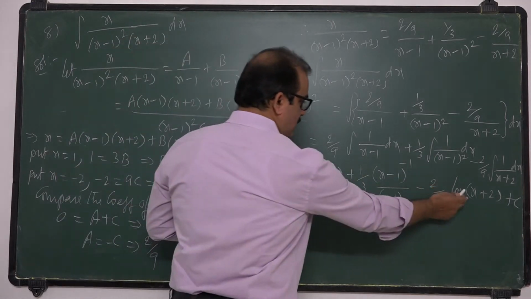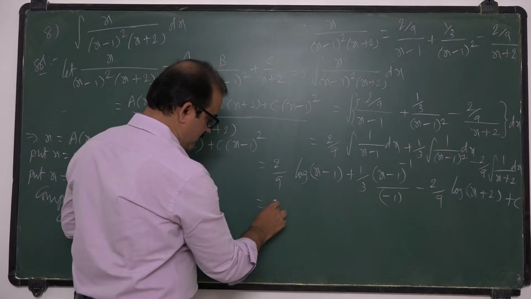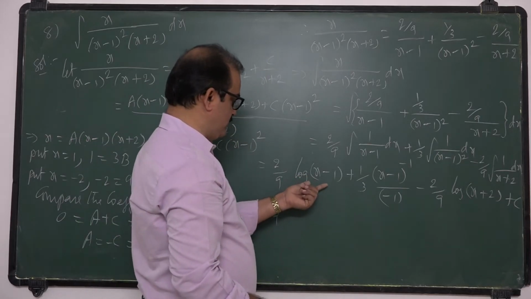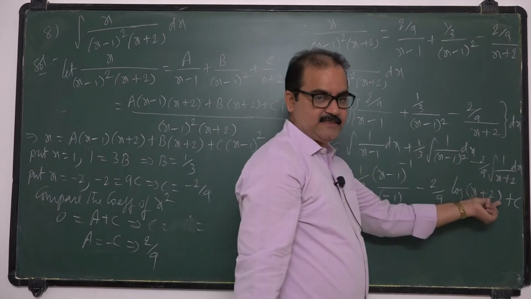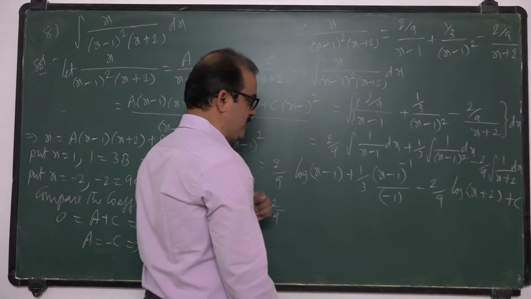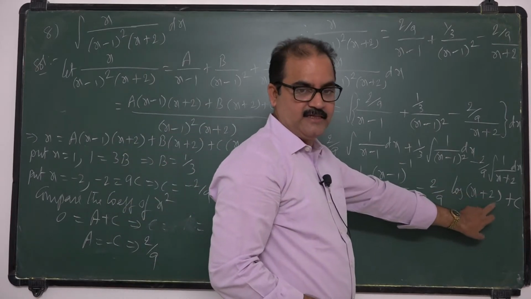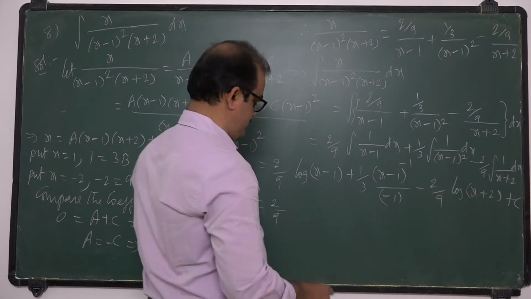From the first term and last term we take 2 by 9 common. 2 by 9 into, then it is in the form of log m minus log n. If you take 2 by 9 common, we know log m minus log n is log of m by n.